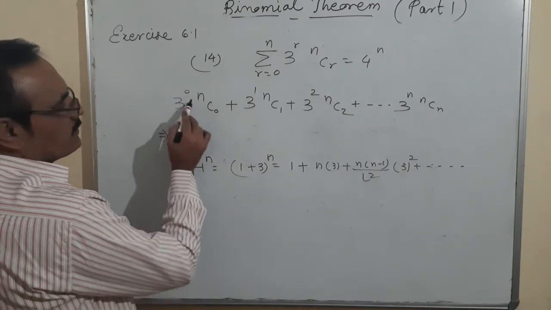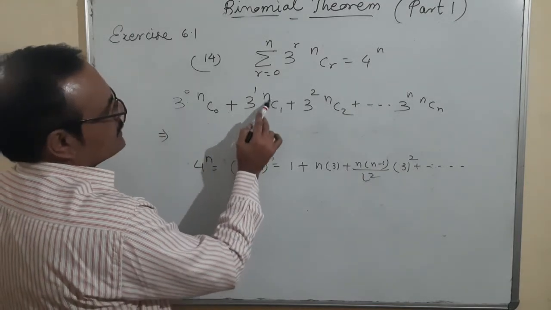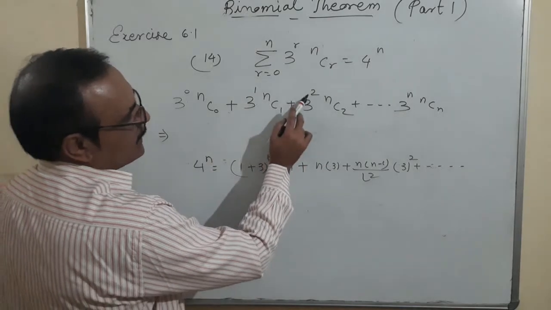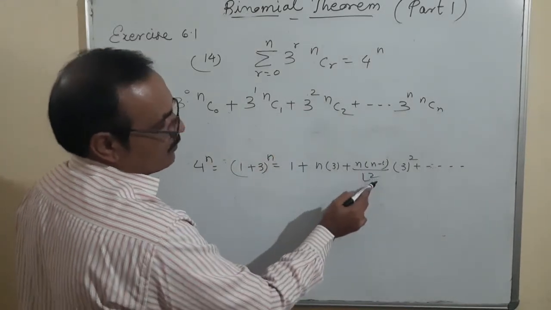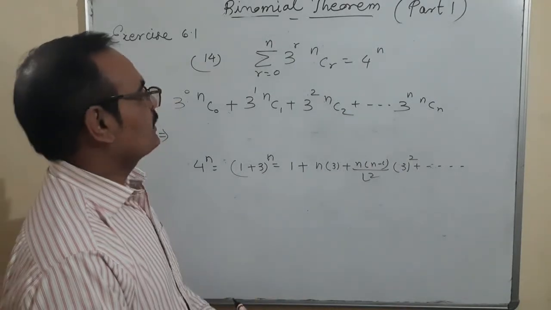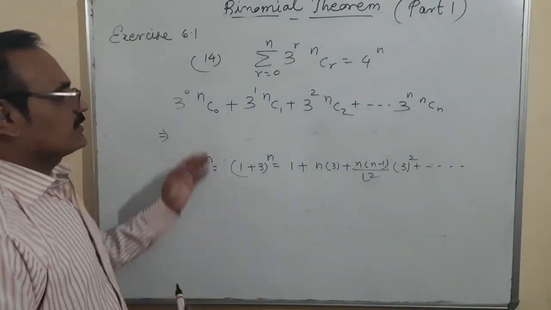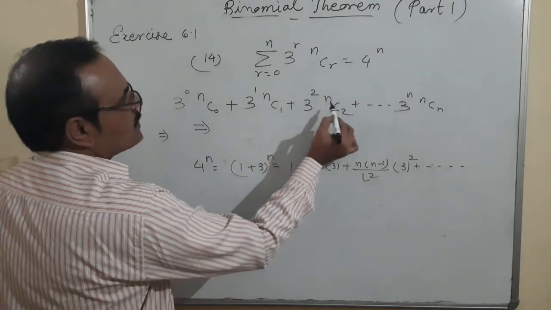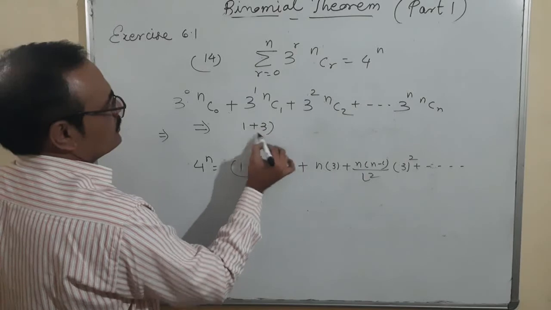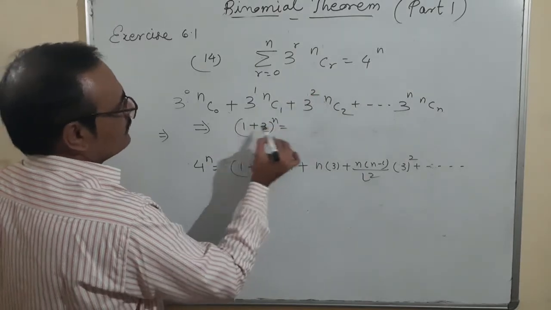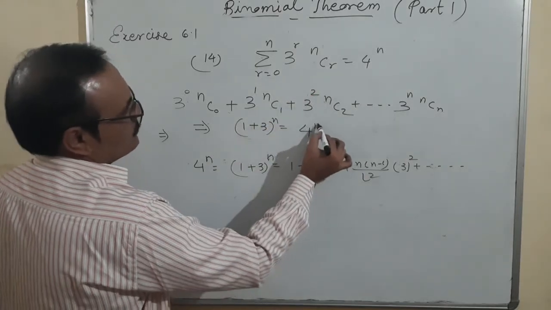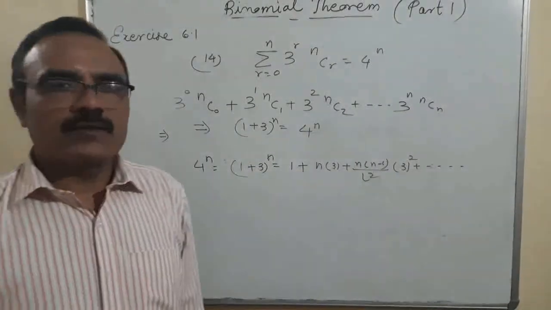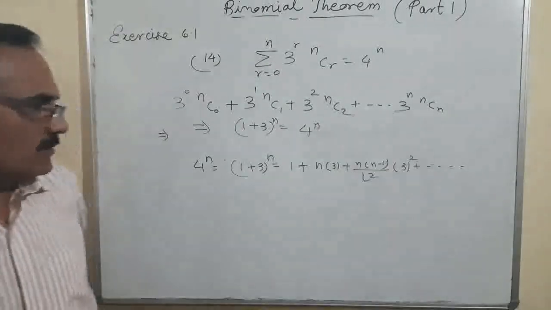This is 1 plus nC1, that means n into 3, so 3n; 3² is 9 with nC2, n(n − 1)/2!. So that is the extension, so simply this term is (1 + 3)^n, and (1 + 3)^n means 4^n. Clear? So that is the last question of this exercise.